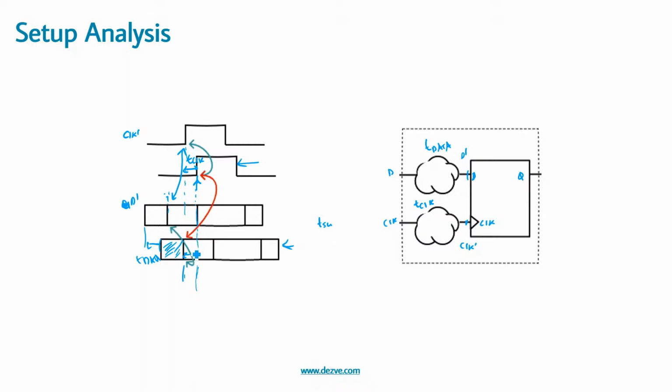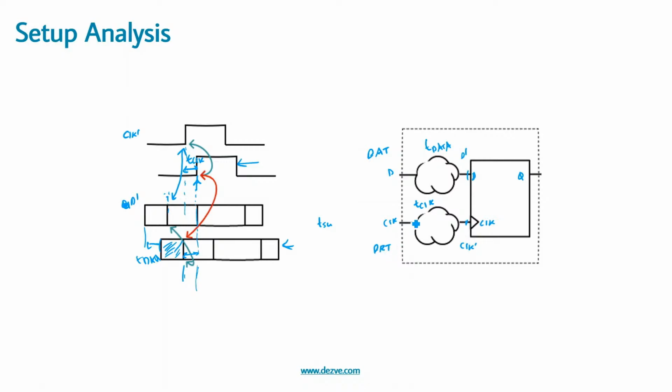But if the setup time is larger than this stable value, then there is a violation. So for that we introduce a terminology called data arrival time and data required time. For all data related paths we say data arrival time, and for all the clock related paths we say data required time, DRT.